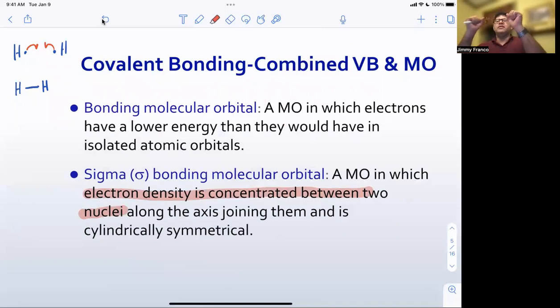You're going to have the two atoms, and the electron density is going to be right in between. That shows that those electrons are being paired up right in the middle. My Apple Pencil just becomes that electron density it's talking about. You have your two nuclei, and you can see the electron density concentrated in between them, showing that the two electrons are coming together to make a bond.